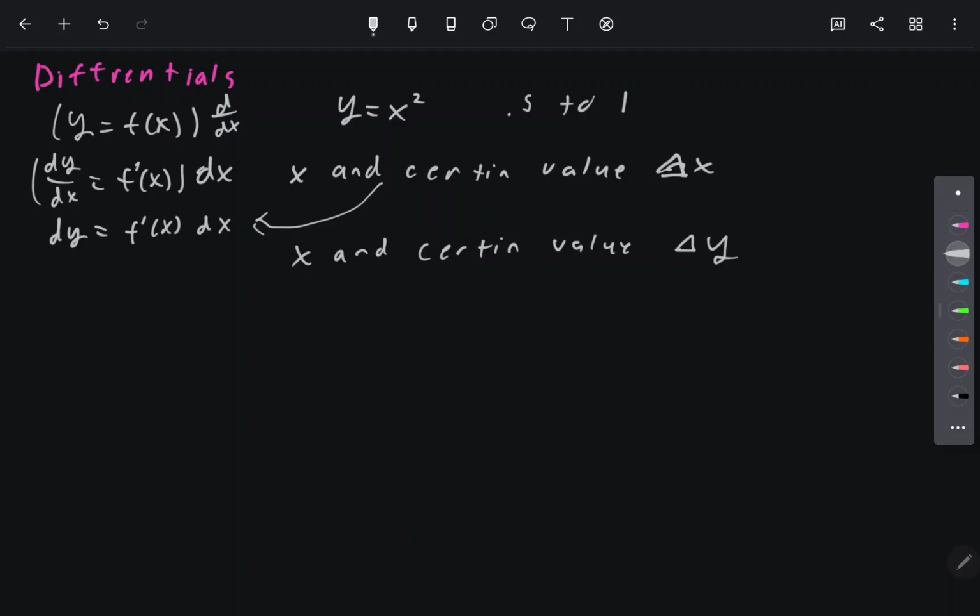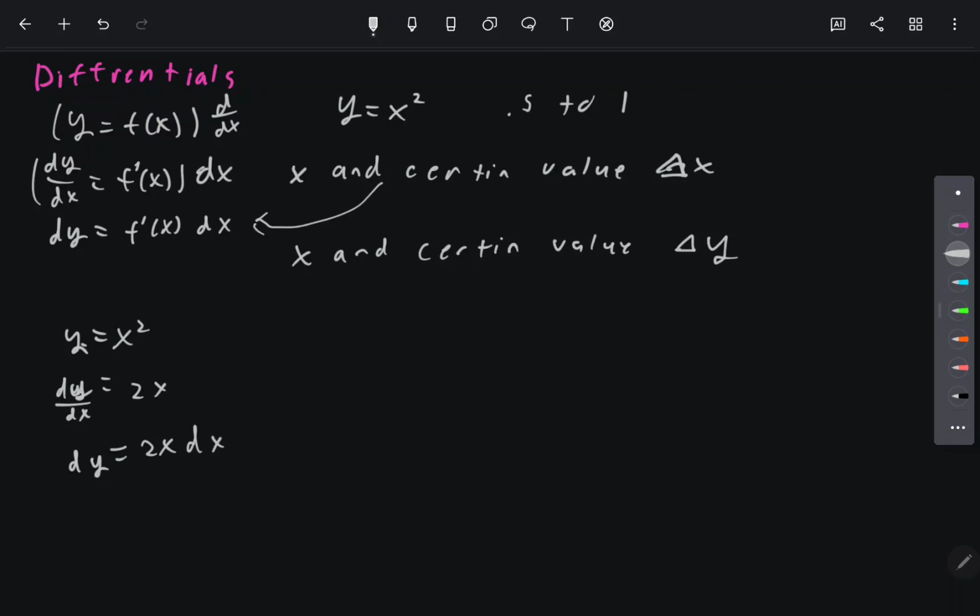So, going back up to this x squared example, let's work it out. y is equal to x squared, so dy/dx is 2x. Now we want to get the differential dy by itself, so we get 2x times dx.